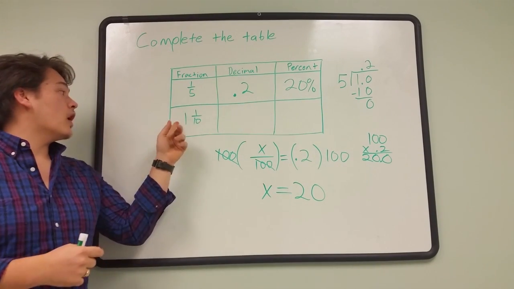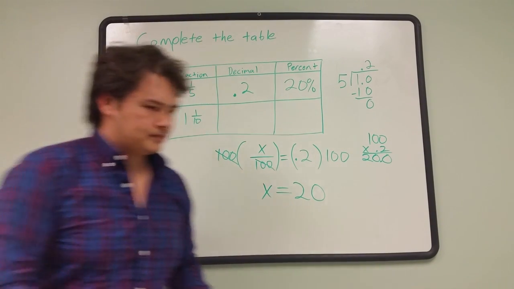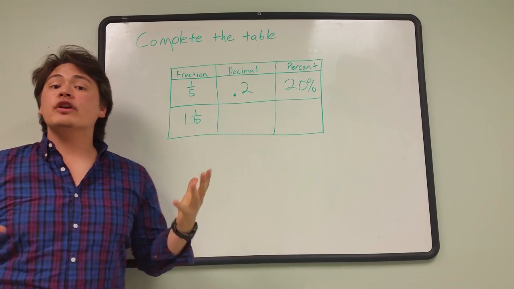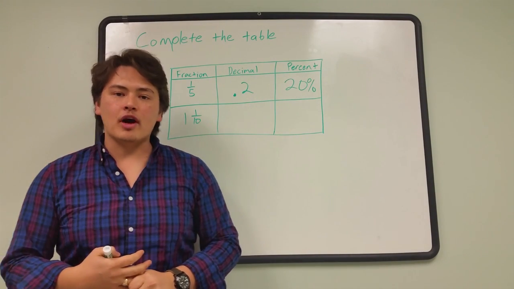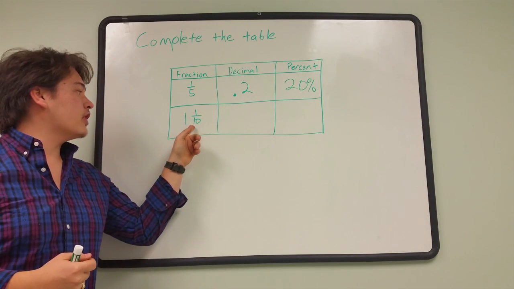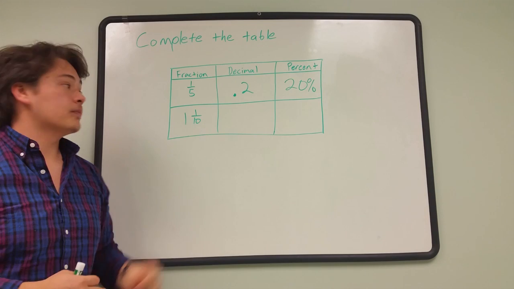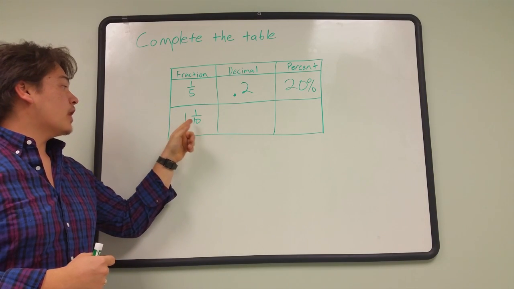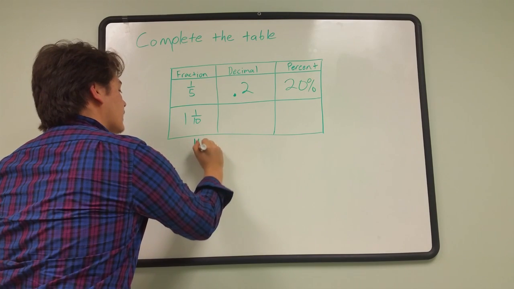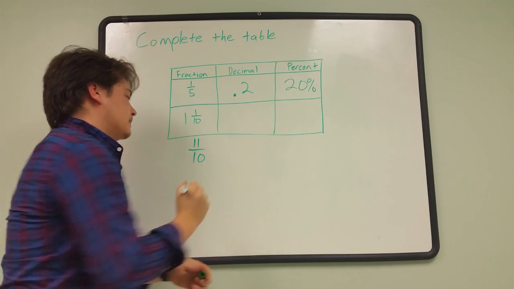Let's move on to 1 1 over 10. So before I start this problem, I'm going to convert it first into an improper fraction. So I'm going to multiply the whole number by the denominator and then add the numerator. So this is going to be 1 times 10 plus 1, which is going to give us 11 over 10.